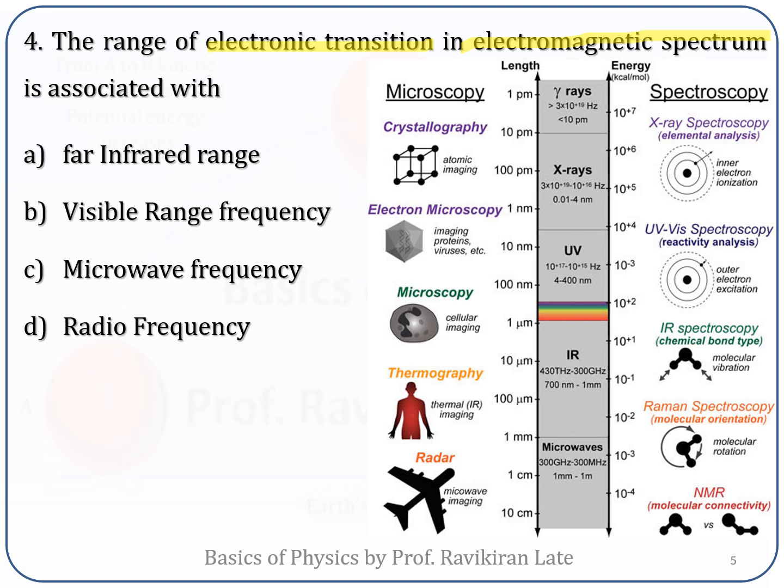Electronic transitions occur mainly within this range, and the more pronounced region is the visible frequency region. So it is option B which is the most probable correct answer for this question.